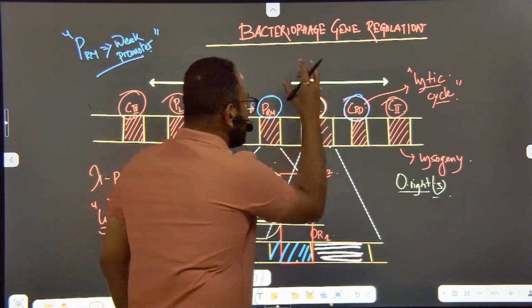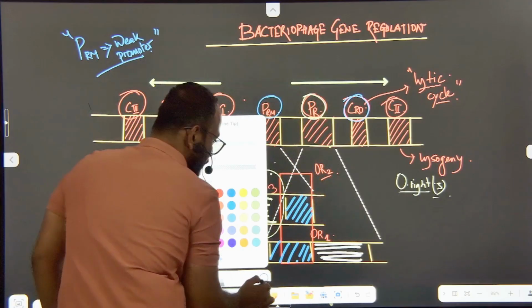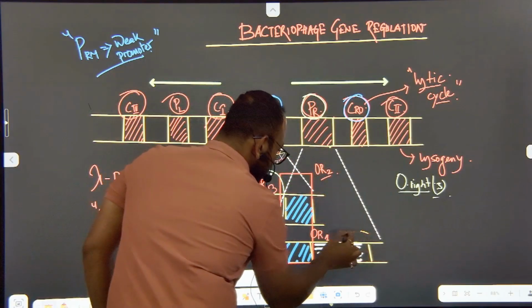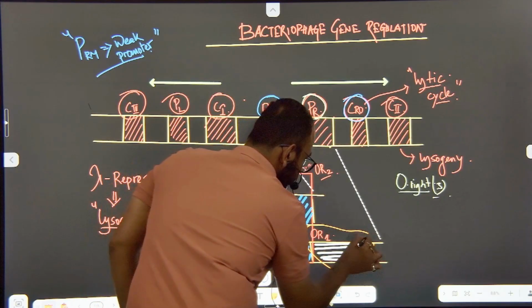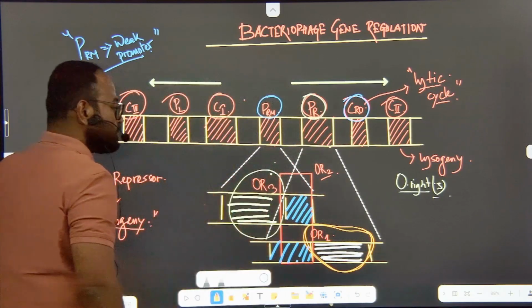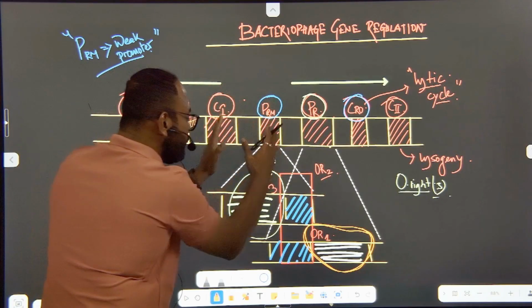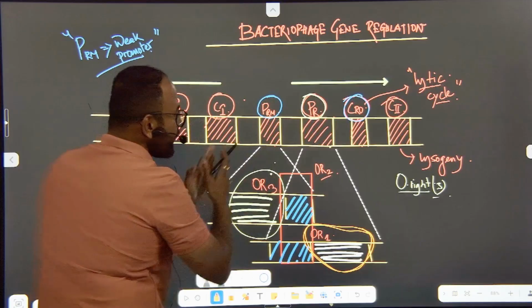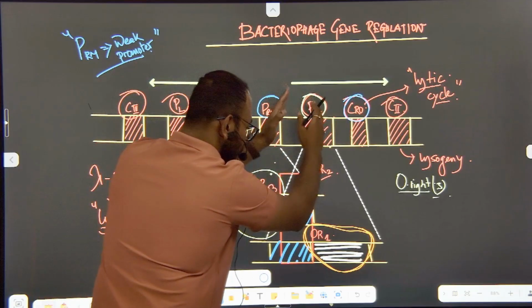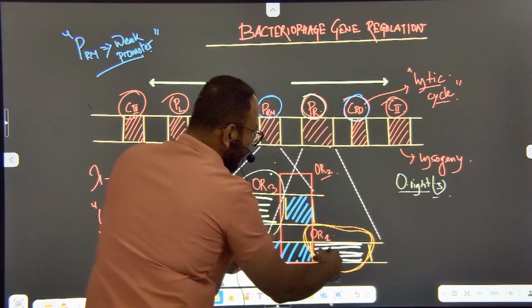Within PR, we have majorly OR1, that means operator for right hand side 1. So for PRM we have majorly OR3, and within PR we have the operator at right hand side 1.